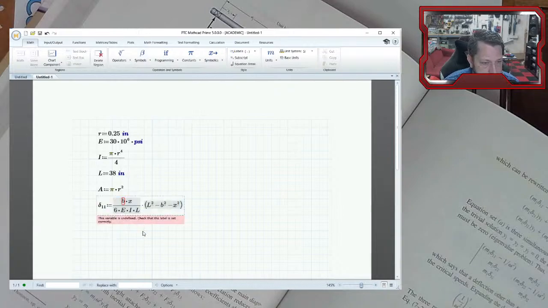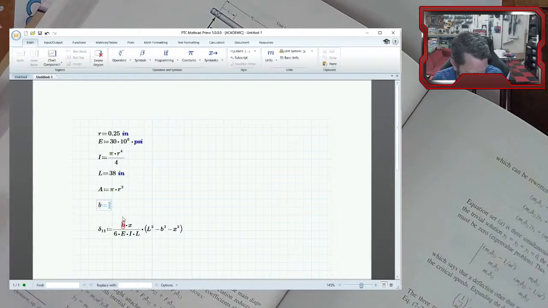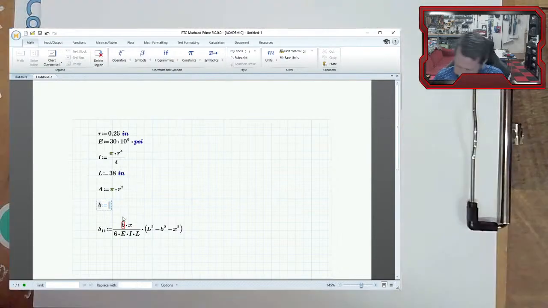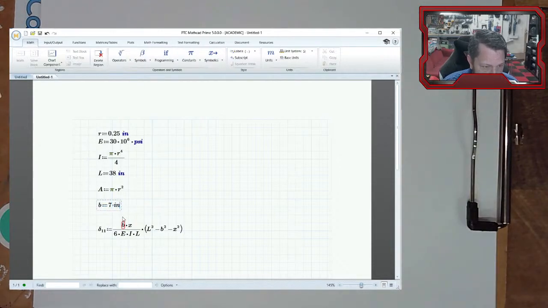Let's put B and X in here for this equation. B in this equation is going to equal 7 inches. I'll look at the diagram in a second. And that will make X 31 inches.